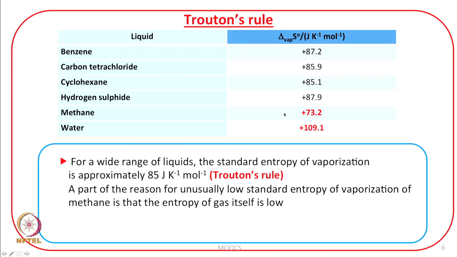Another deviation here is methane. The methane value is plus 73.2, and the value for methane is low. A part of the reason is that the low standard entropy of vaporization is assigned to the low value of the entropy of the gas itself.